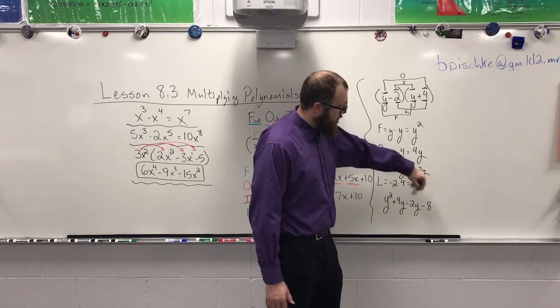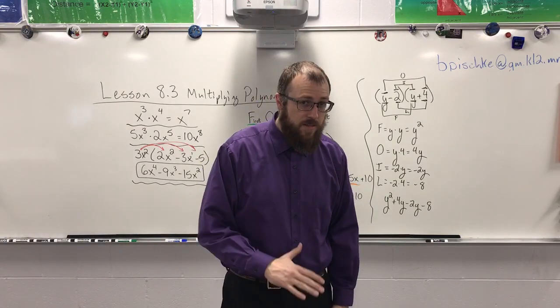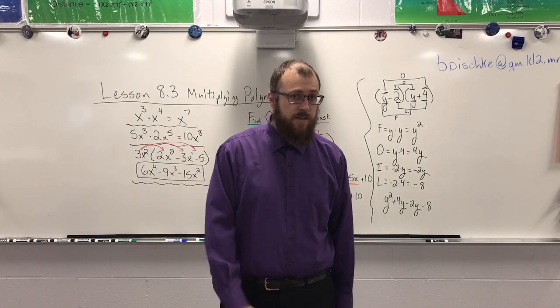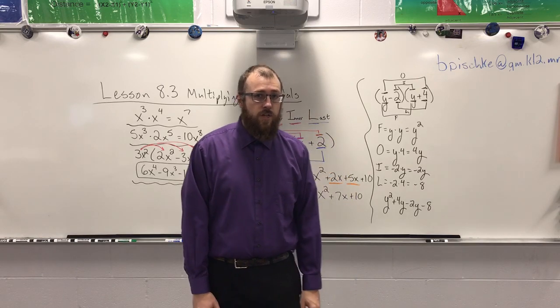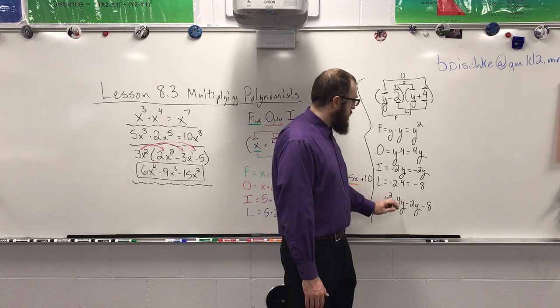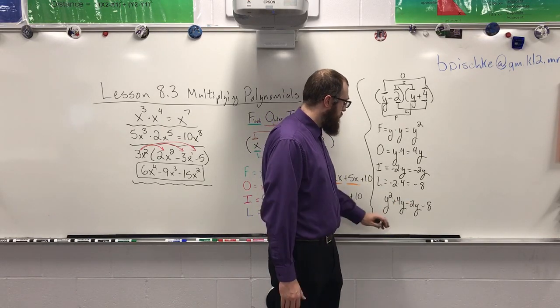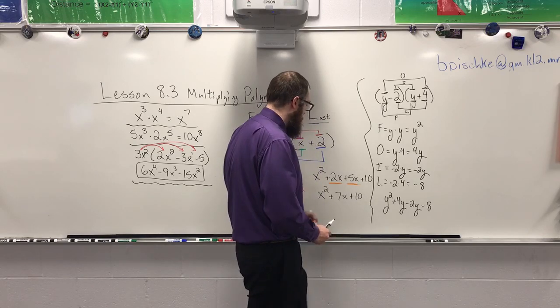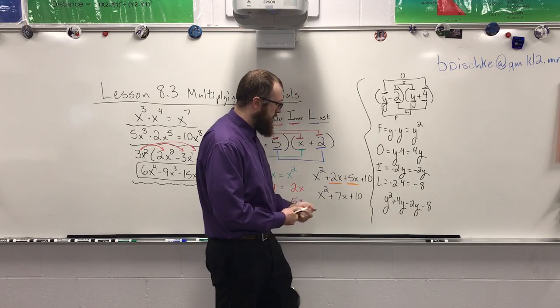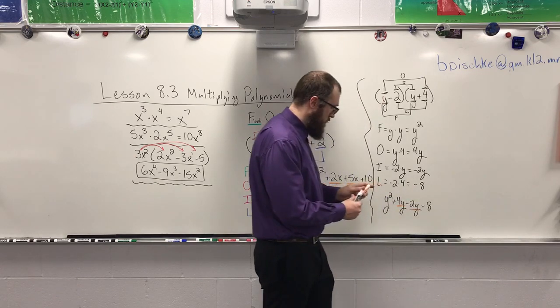Now you'll notice that when I put the negative 2y and the negative 8 in, I put them in as just minuses. You can do plus negative if you want to. It doesn't change what it says. Now I can go ahead and put this 4y with that negative 2y because they are like terms, just like I had the 2x and 5x over here that were like terms.